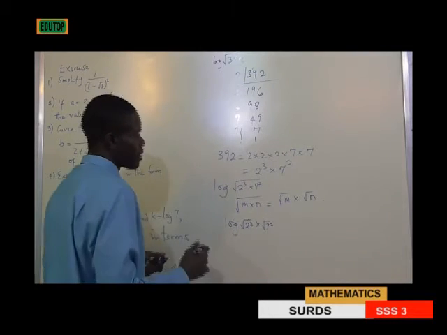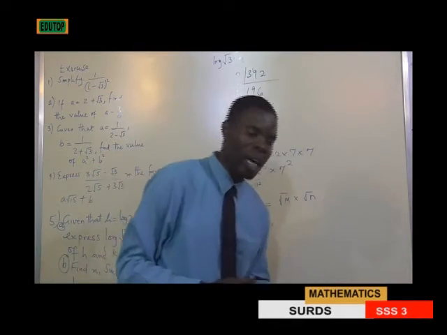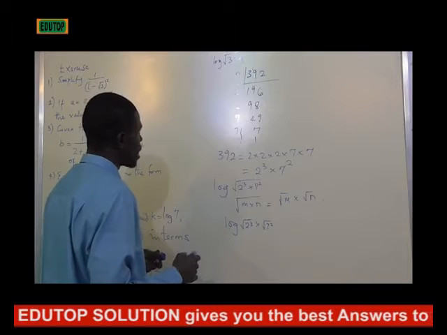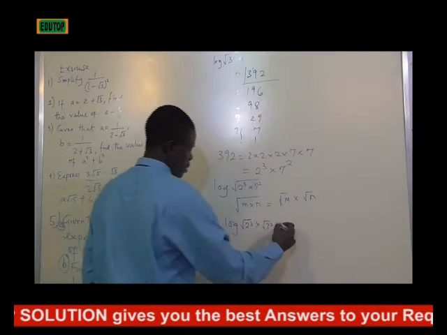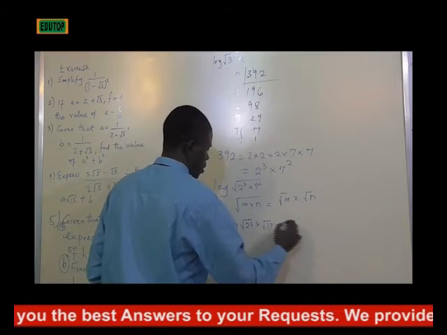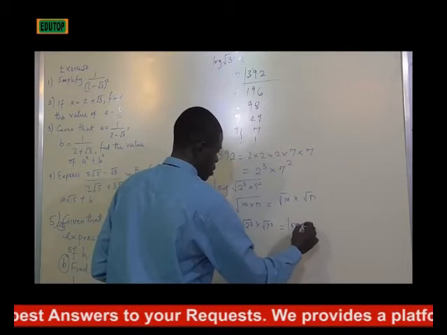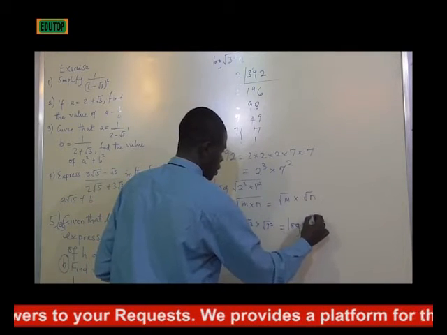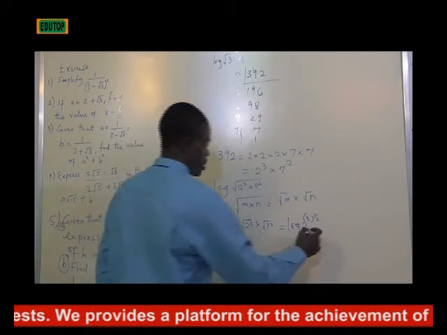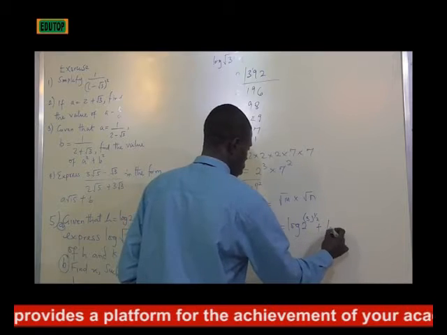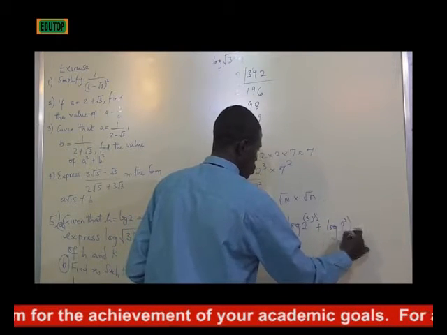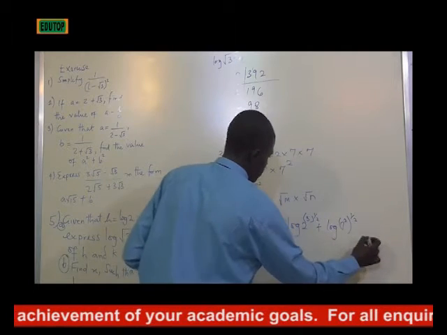And remember that in logarithm, multiplication is addition. So automatically we can write this as log of 2 raised to power 3 times half, because root means half, plus log of 7 raised to power 2 also times half.